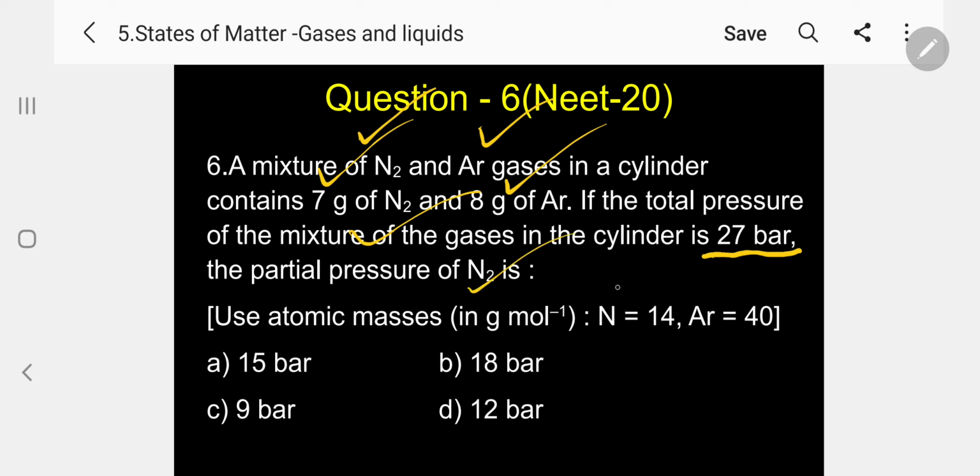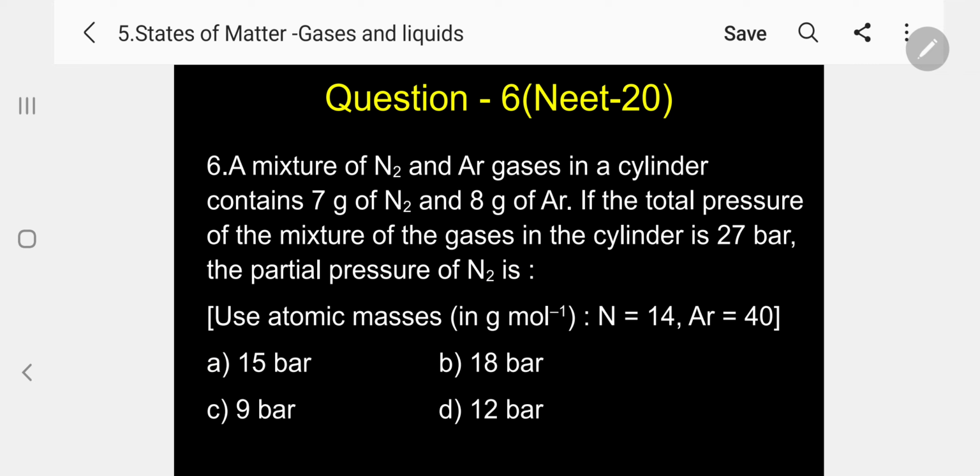So they have given atomic masses, and it is fortunate they are given. Even if it is not given, it is your duty, you have to memorize. Atomic mass of nitrogen is 14, argon is 40. So options are A 15 bar, B 18 bar, C 9 bar, D 12 bar.